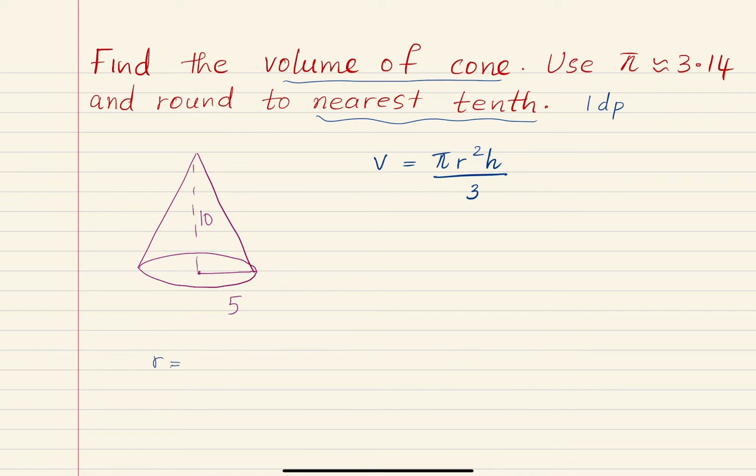R is the radius, which is 5, and height is the vertical height, which is given as 10 here, and pi is approximately 3.14. So replace it. So this is approximately 3.14 times 5 square times 10 divided by 3.